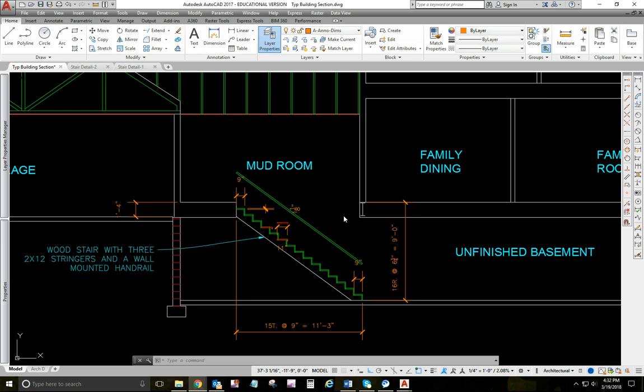When you are calculating stairs for actual construction for a carpenter, now you're dealing with rough sizes and you have to take out the finish materials to figure out how to cut the stringers. So it can get very confusing depending upon what you're doing and what you're dealing with.